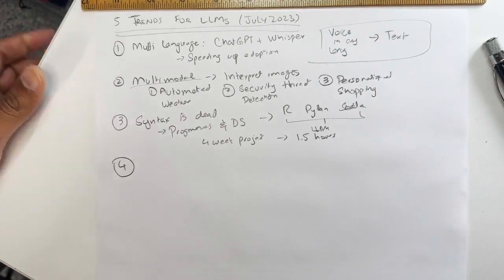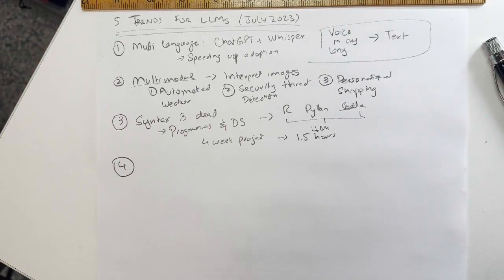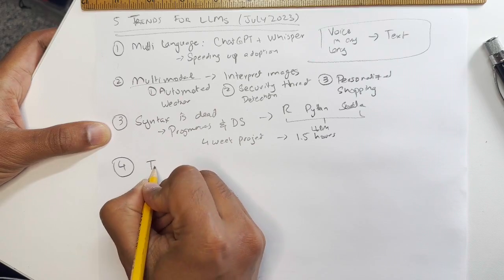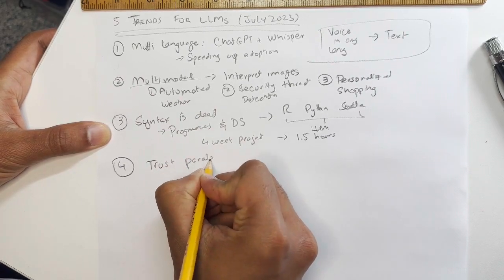The fourth one is around trust. I think the non-intuitive trend here, irrelevant of the doomer mindset of like how LLMs will take over the world, I do think one big issue it will create is trust paradox.